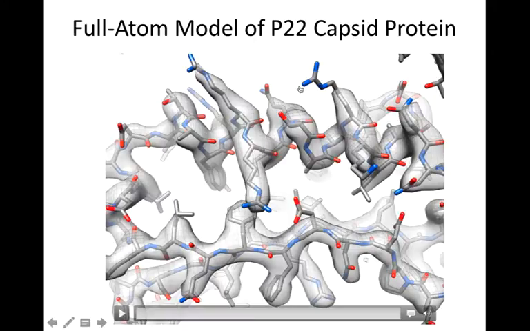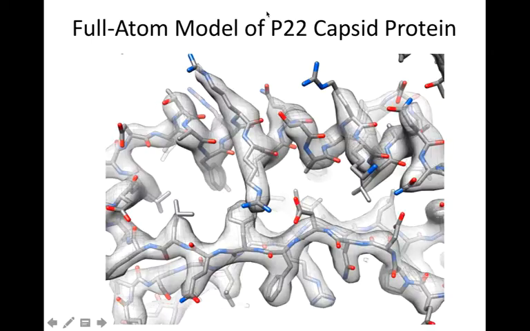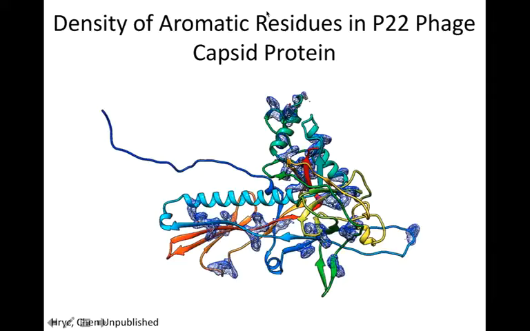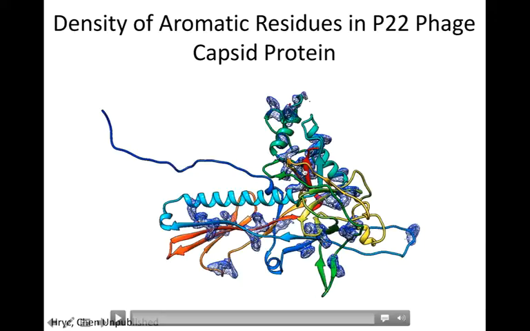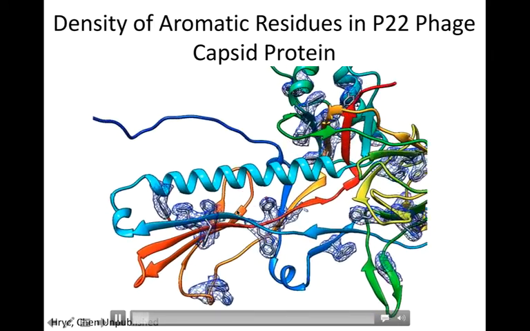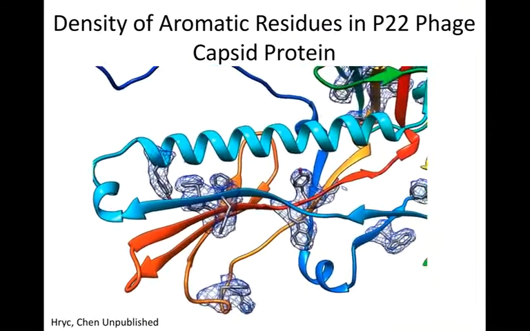Once this entire full atom model is built for one polypeptide, in this movie we can look at how well the model fits the actual density. What I am showing you here is the experimental density of all the aromatic residues in this polypeptide, which are shown together with the entire polypeptide backbone.